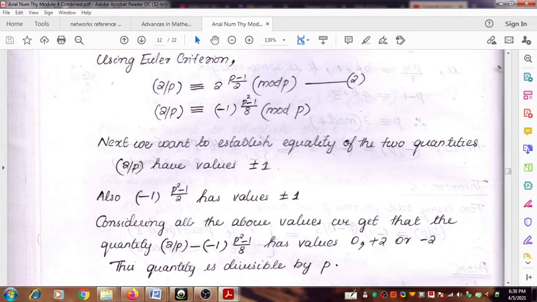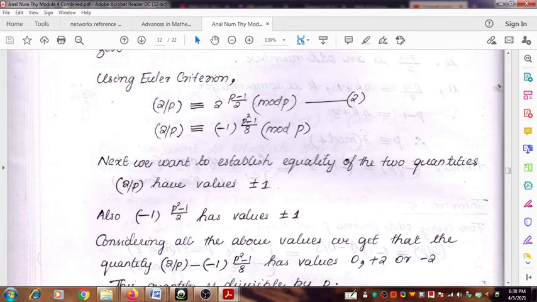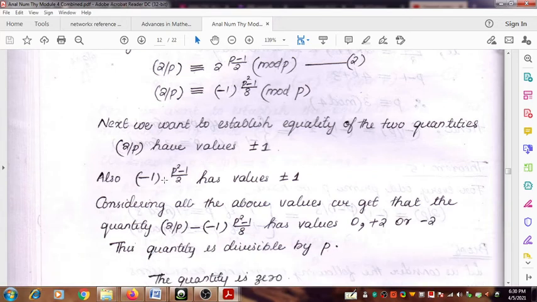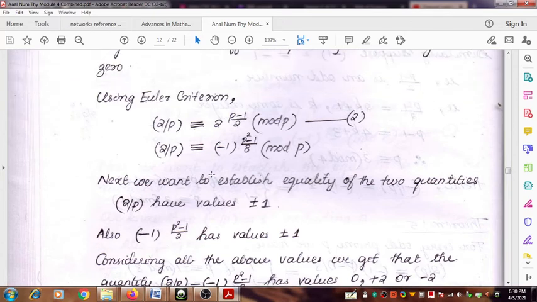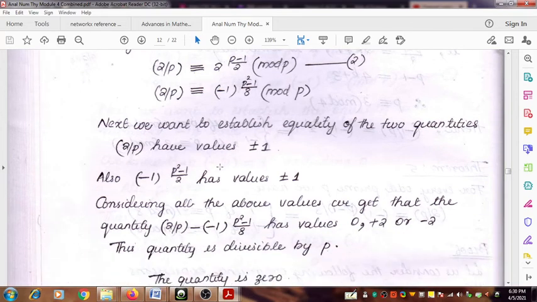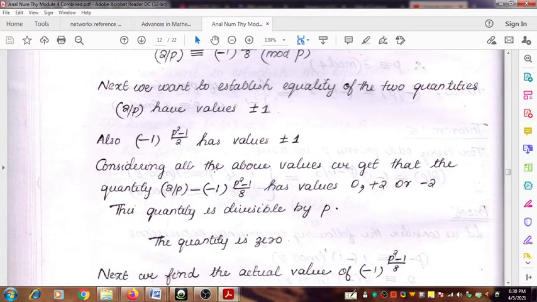Next we want to show, by considering all possible values of these quantities, 2 raised to the power of (p minus 1) divided by 2 and minus 1 raised to the exponent, that the equality holds.